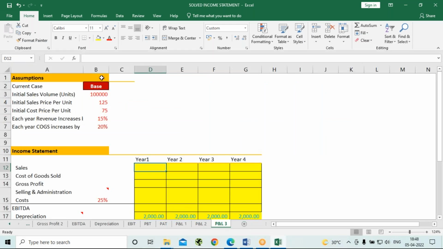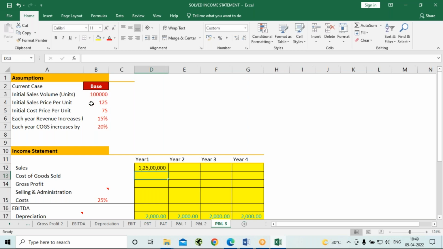The next one is that you have certain values, and you have to calculate based on these. Here the sales value for year one will be sales units into the sales price. Then the COGS will be sales units into the cost price.